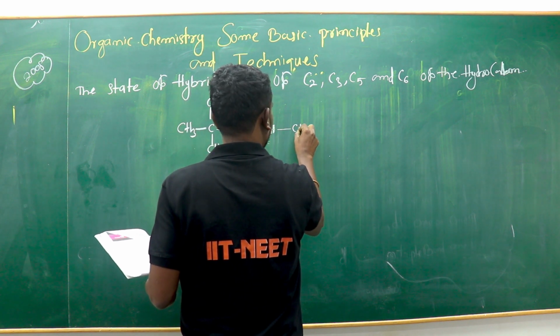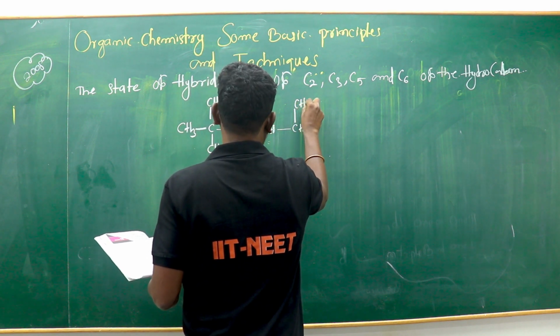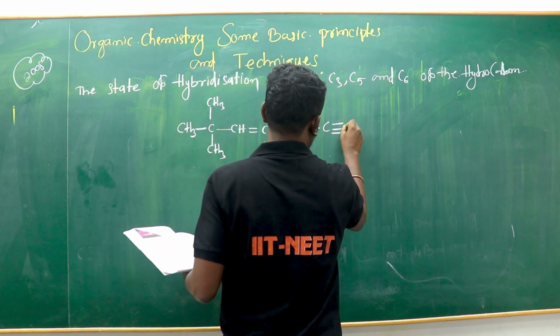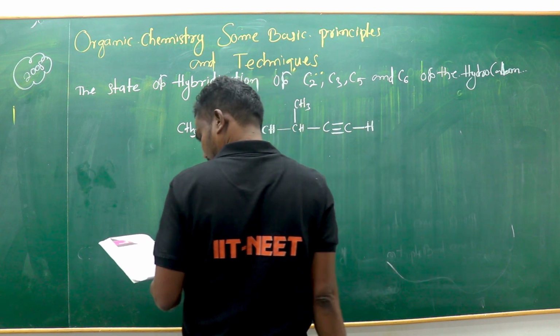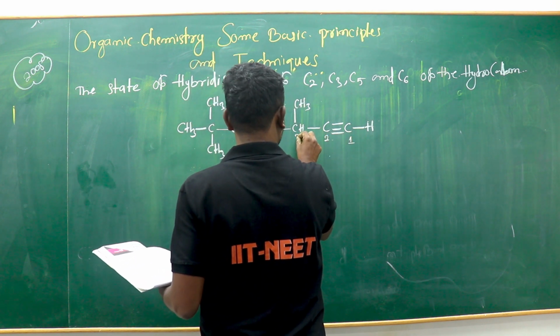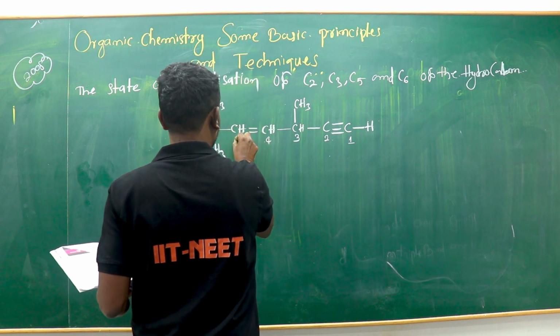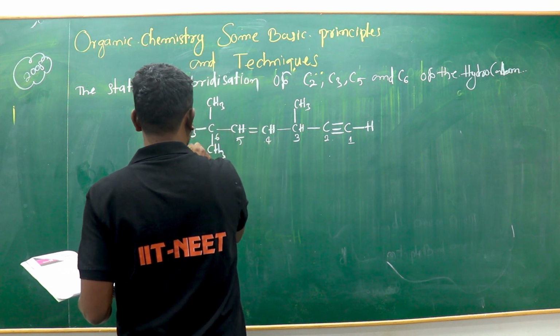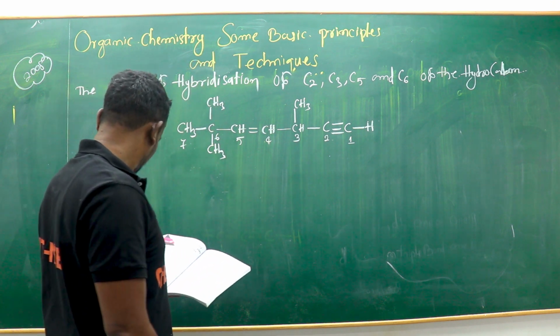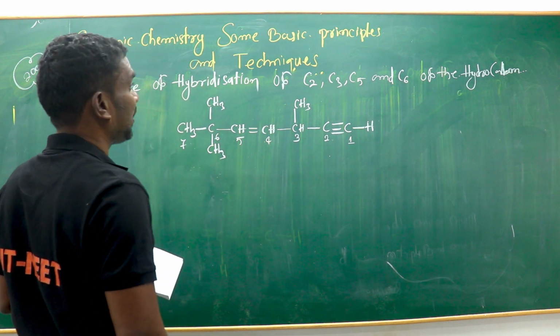CH, CH3, C triple bond CH. This is first carbon, this is second carbon, this is third carbon, this is fourth carbon, this is fifth carbon, this is what? Sixth carbon, this is what? Seventh carbon, beta ji. Seventh carbon, right?